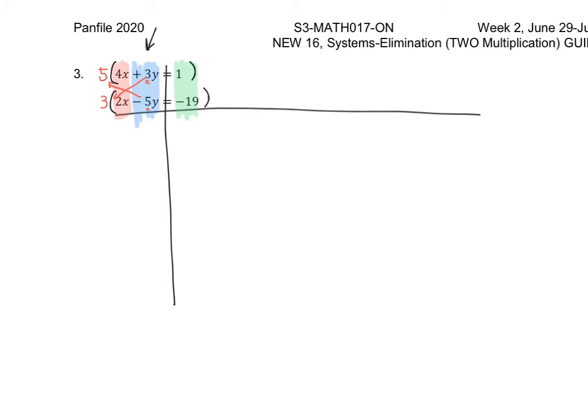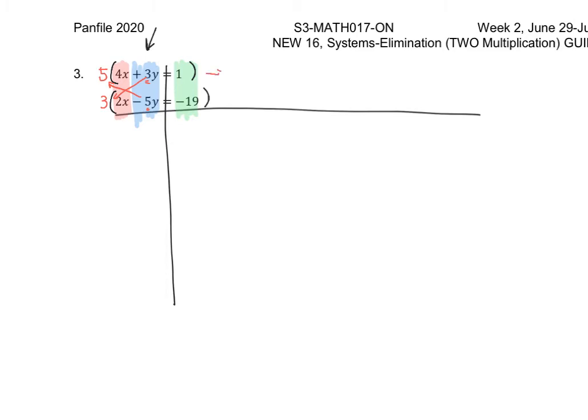The signs are never part of the multiplication. The way the signs come into play is if they're opposite, I'm good to go. If they're the same, I need to multiply one of the equations by a negative, because in the end, I need to have those opposite signs.